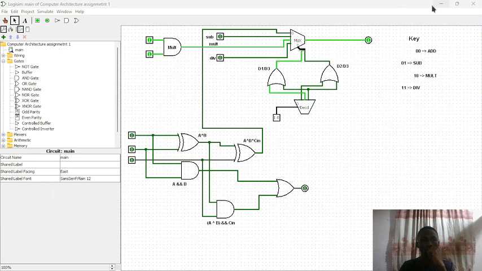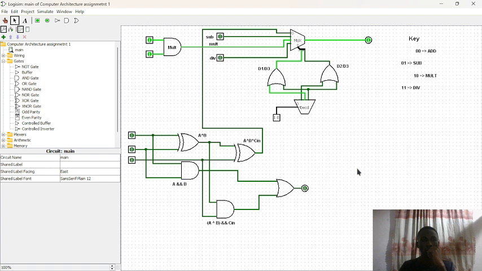So we are talking about the Arithmetic and Logic Unit, and this is a basic design of it. As you can see, the keys here tell what it does. It does addition, subtraction, multiplication and division. Today we'll be talking about the division, the multiplication and addition it does here.